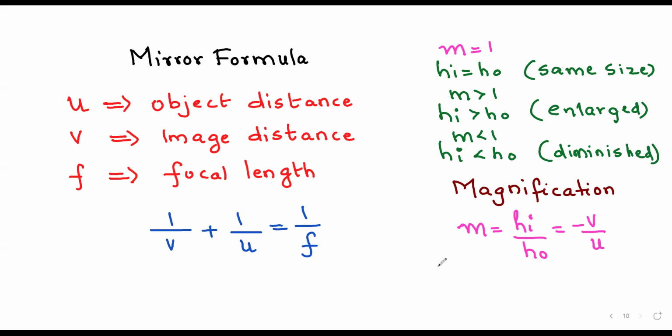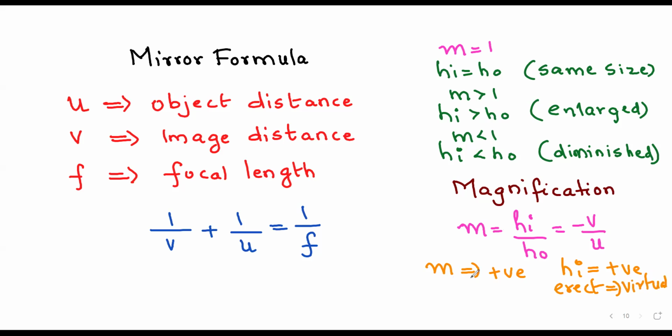Now the next is, if magnification is positive, it means HI is positive, because HO can never be negative. So what type of image is it? When the height of the image HI is positive, that means it is erect. If it is erect, it will be a virtual image.